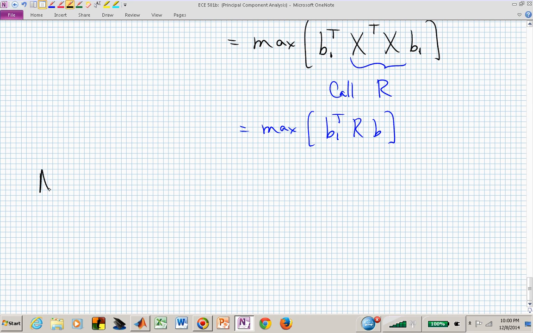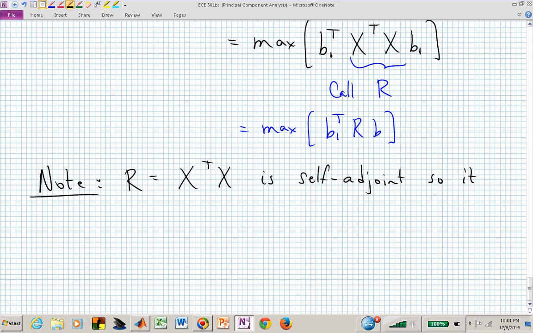Now remember what we know about certain matrices. If you look at R, which is X transpose X, we're assuming that X was made up of real numbers, so it's self-adjoint because it equals its transpose. If we have a self-adjoint matrix, then we can find a basis for that matrix in terms of its eigenvectors.